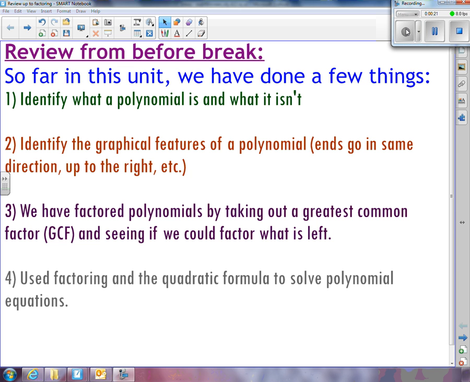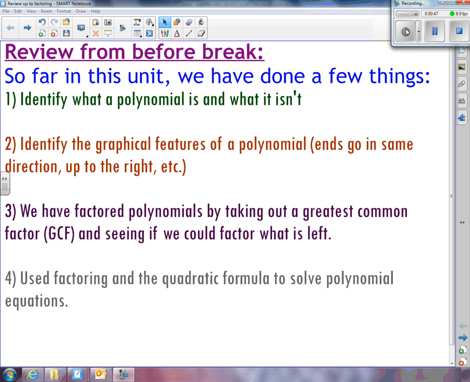The first thing is how to identify what a polynomial is and what it isn't, including classifying them using terms like constant monomial or quadratic trinomial. The next thing we did was identify the graphical features of a polynomial, like whether the ends go in the same or opposite directions, whether it goes up to the right, and the maximum number of terms.